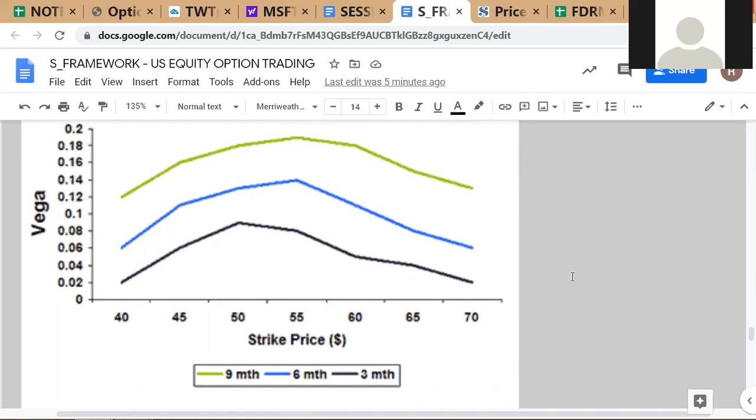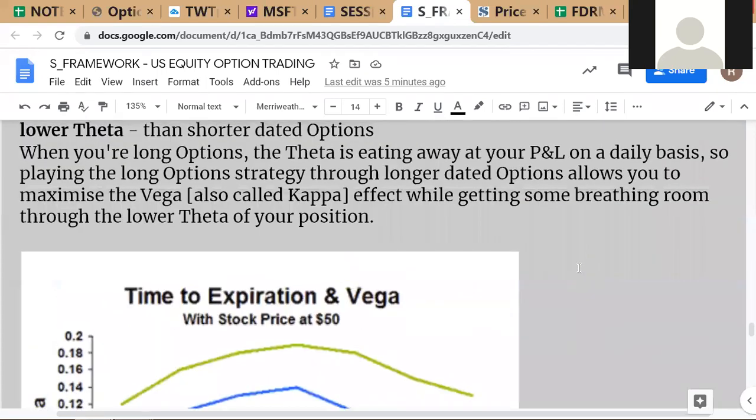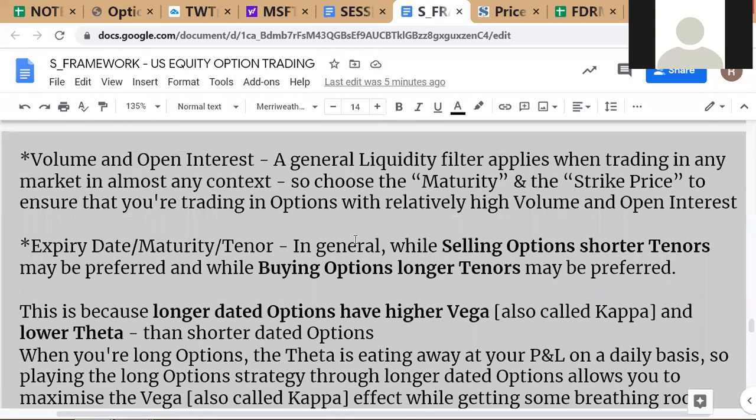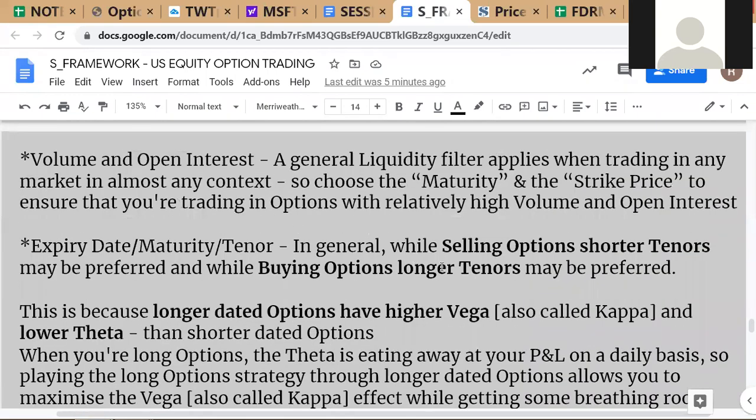Nothing you can do about it, but you can allow this information to be used in your decision making. So your logic is like this. Why am I asking you to be a buyer of long? If you're going to be a buyer of options, why am I telling you that you should buy longer tenors?